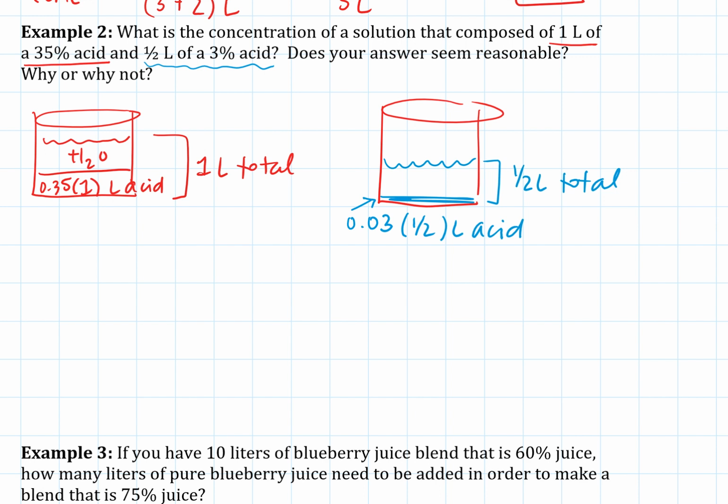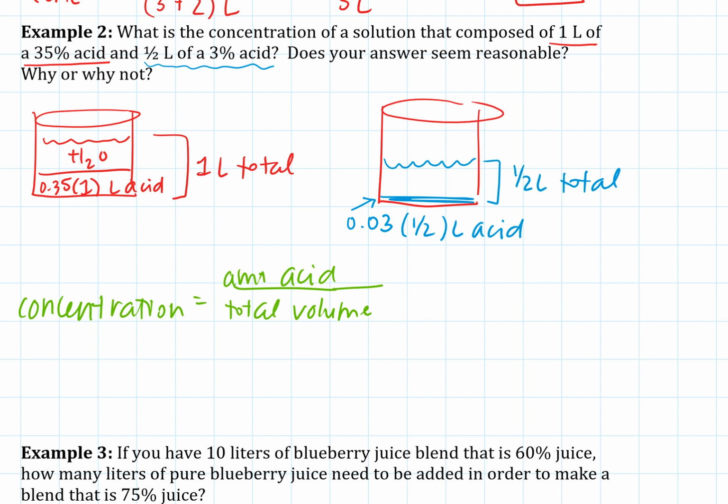So your new concentration, again, is the amount of acid you have in total divided by the total volume. So how much acid do you have? Well, you have 0.35 times 1 liter from the first guy and 0.03 times a half liter from the second guy over a total of 1.5 liters if you add up the total volume you're working with.